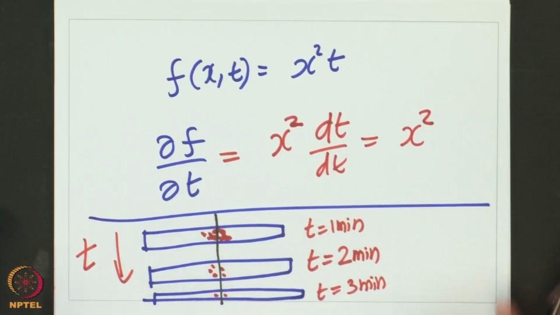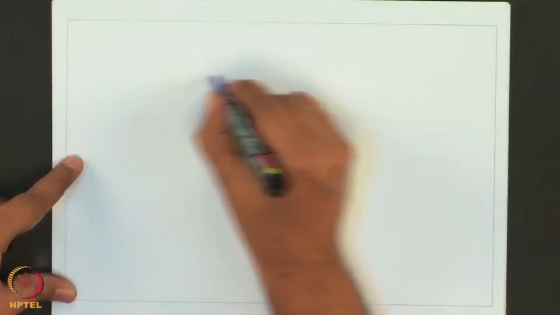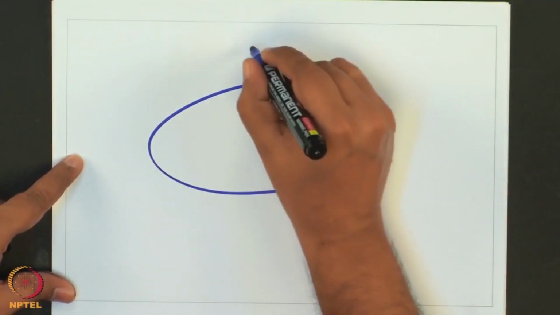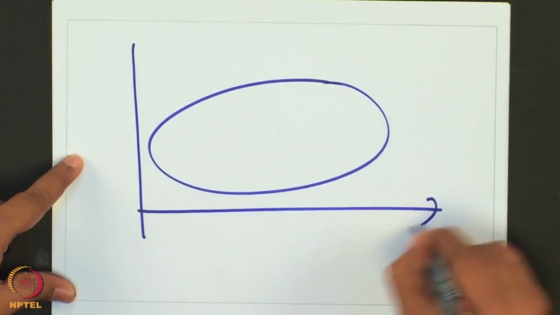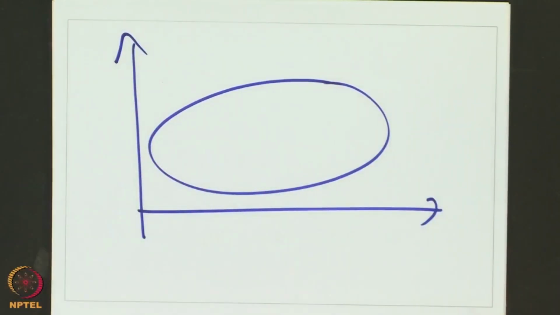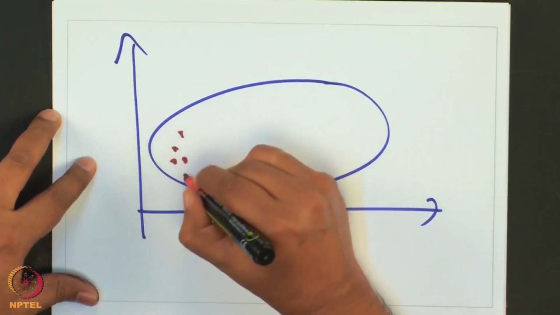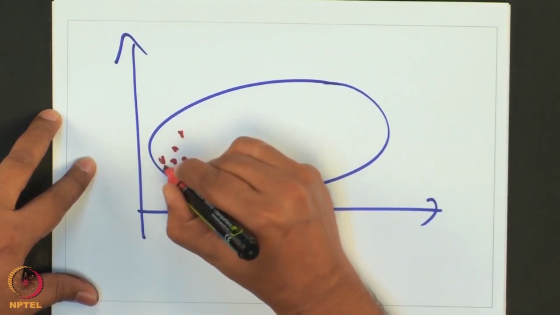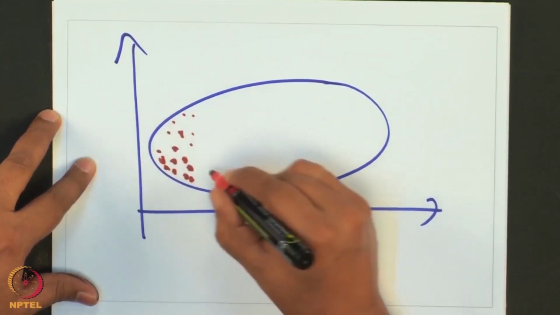So this is very useful because we have things changing in x and t. Sometimes you would have things changing along x and y. If I take a cell, very often you would have things varying both along x and y. So if I have a cell, this is my xy axis, and if I look inside the cell, the concentration would be very small here, very high here, and small again as I go.